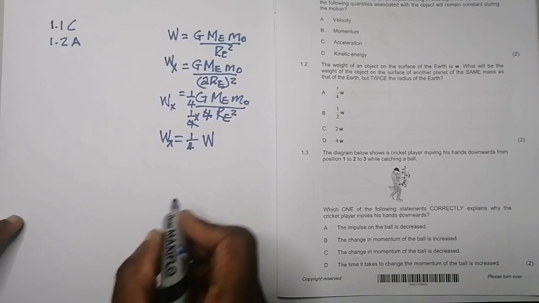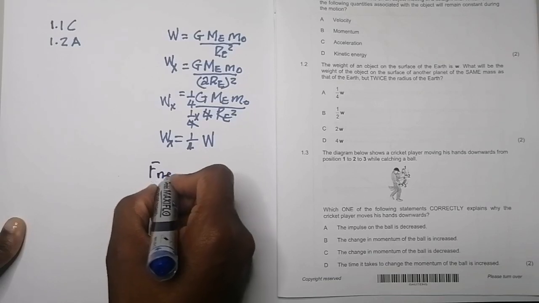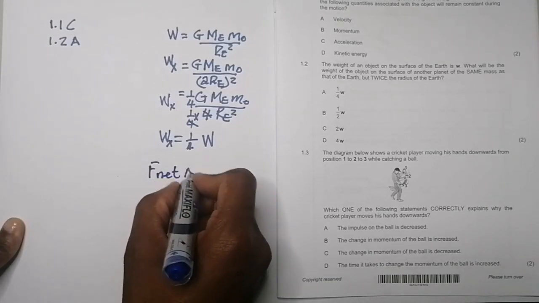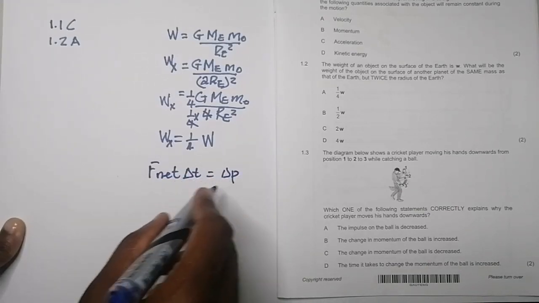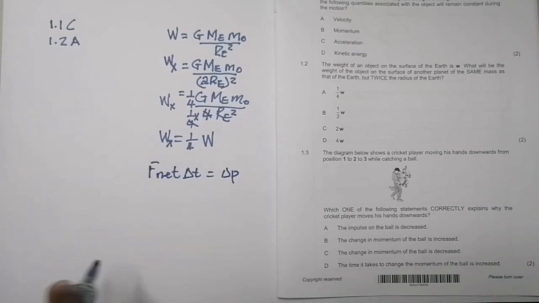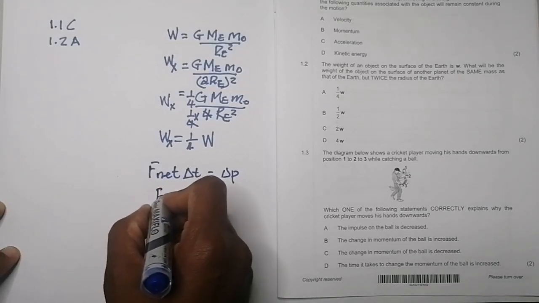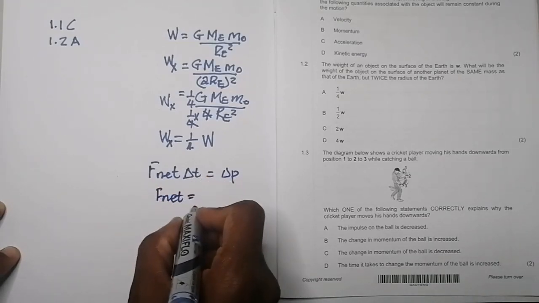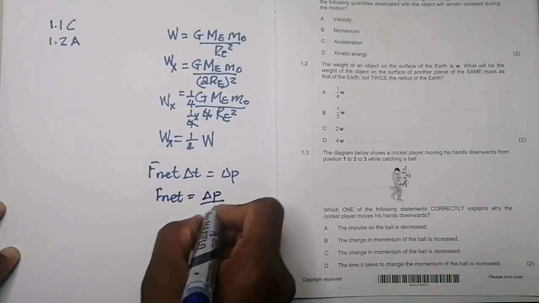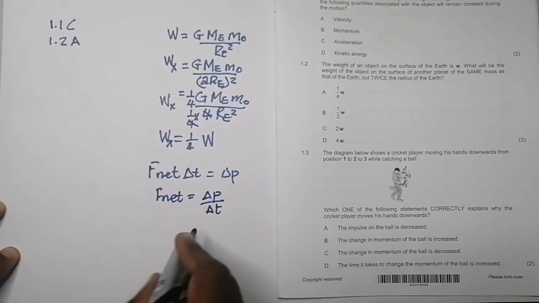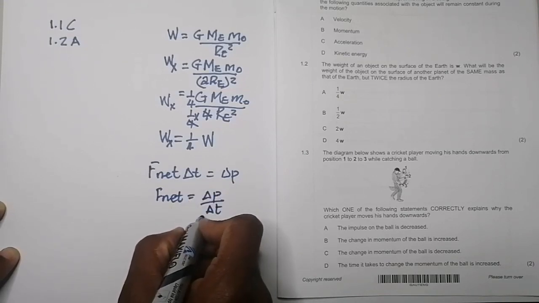In fact, you know what we should do? Let's look at this, which is related to the impulse momentum equation. Remember that when we talk about the impulse momentum equation, we say the impulse, force times change in time, equals the change in momentum. So when the cricket player receives the ball, if he kept his hands stiff in the air, it would cause the change of momentum to occur very quickly.